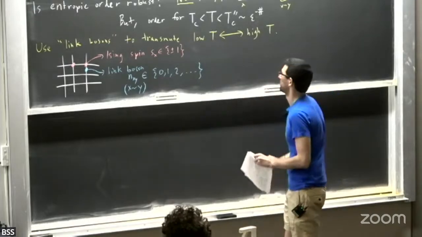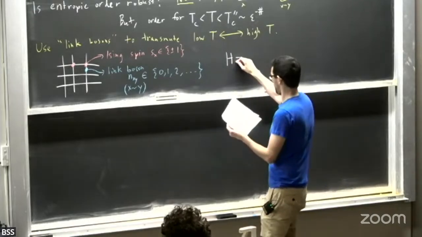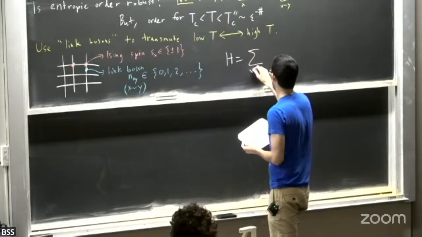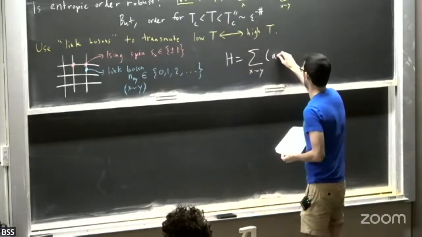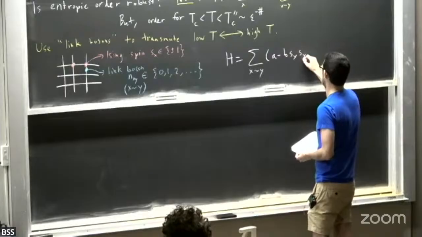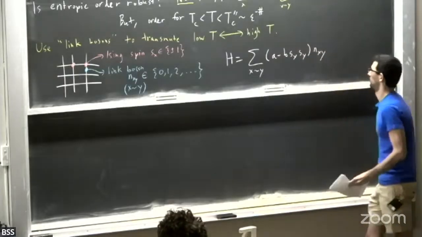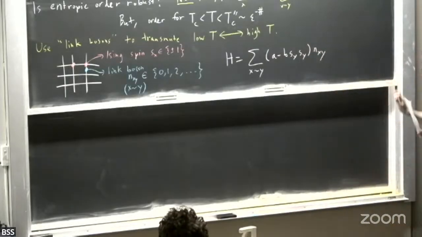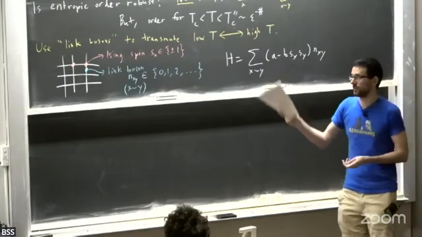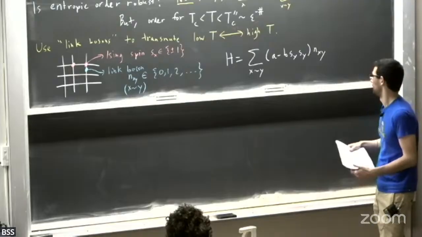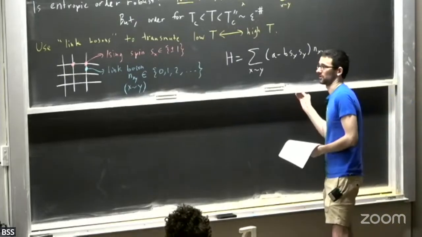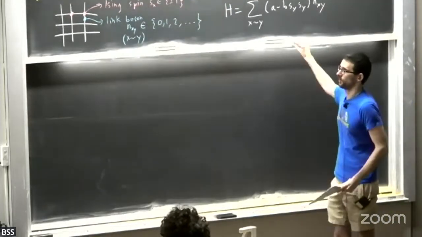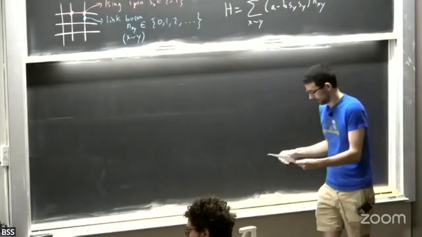And the Hamiltonian that we're going to consider is the following. It's a bit contrived, but it's a mathematically sensible Hamiltonian. You can check, just like we did before, that the partition function exists at any finite beta, so the model isn't overly sick.